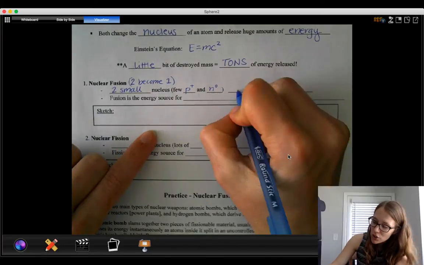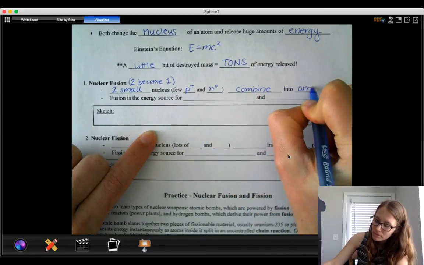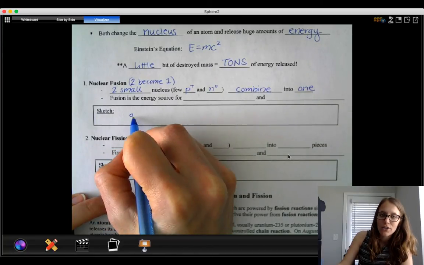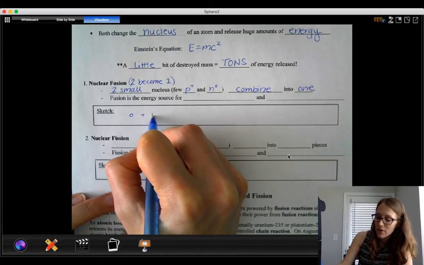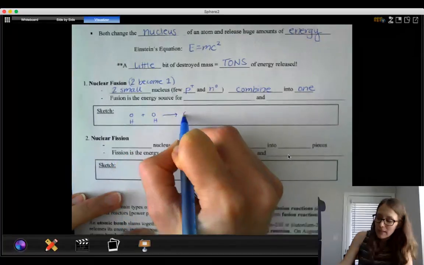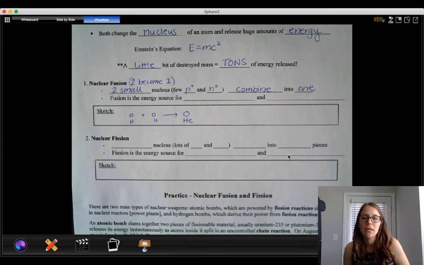They are going to combine into one. And so just for my little picture, here's a hydrogen atom, for example. Here's another hydrogen atom, and they're going to combine into helium. Right, so two small become one that's still pretty small, because two small things don't add up to something huge.